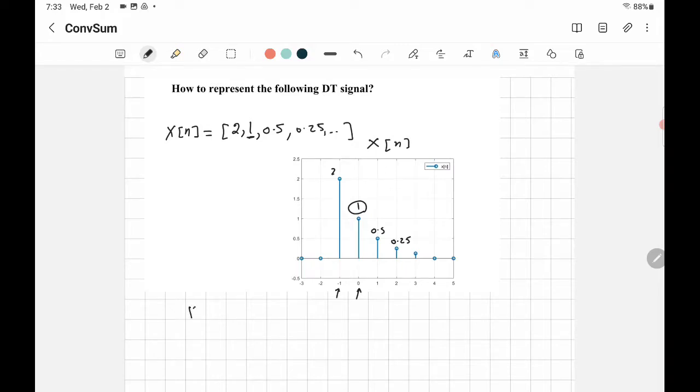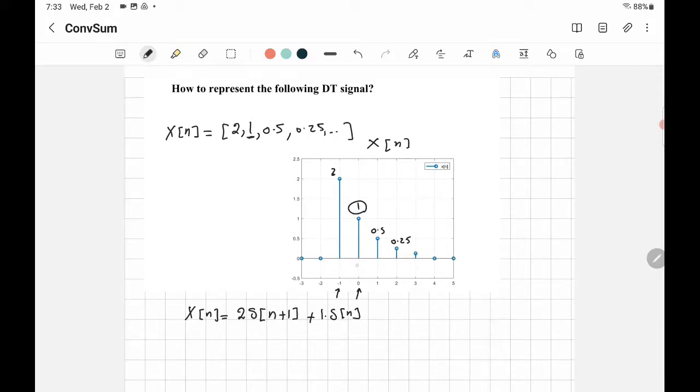What do you mean by that? You can write x of n equal. There is a pulse at n equal -1, so the amplitude is equal to, you can represent it as pulse delta n plus 1, because this pulse is shifted towards the left by 1 unit, plus 1 delta n.